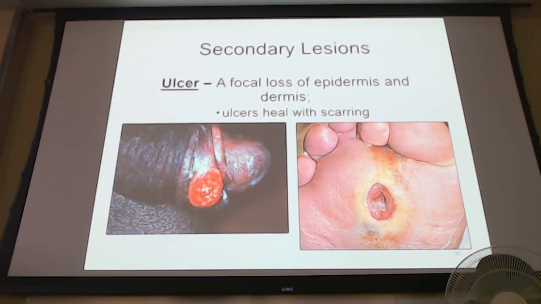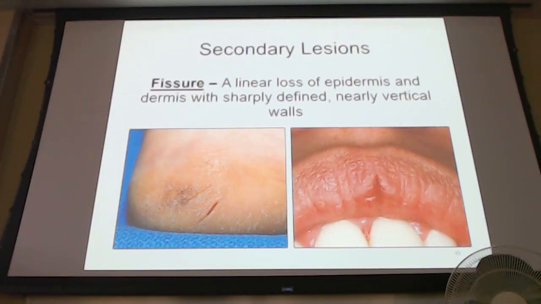So here we got that focal loss of the epidermis and dermis. So ulcers heal with scarring, so that's how they are different. Fissure, linear loss of epidermis and dermis, sharply defined, nearly vertical walls. So you can see how it's talking about it being vertical. So that's that slit.